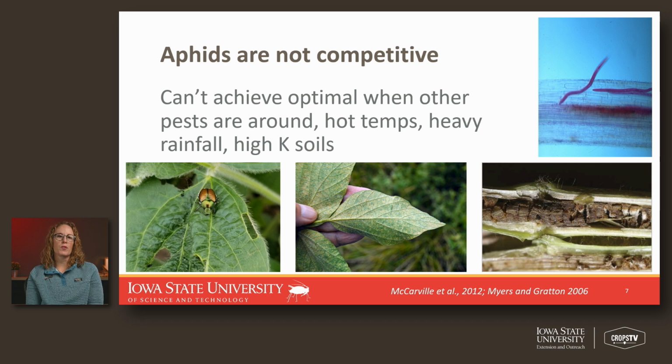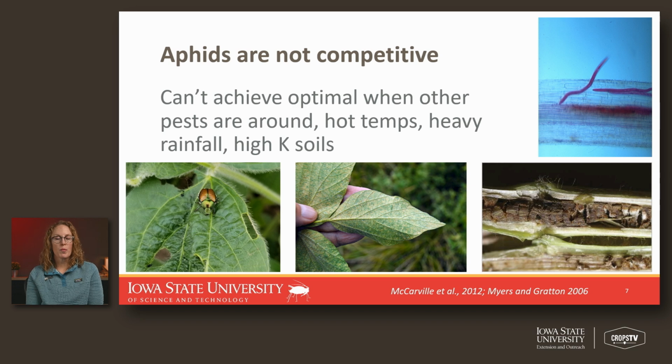If there are any other challenges with pests like insects, maybe spider mites, fungal pathogens like brown stem rot, or soybean cyst nematode, they are not going to achieve their optimal reproduction. They don't like it too hot, so if you have an exceptionally long stretch of 90-degree-plus days, they're going to not produce as many nymphs as they normally would.